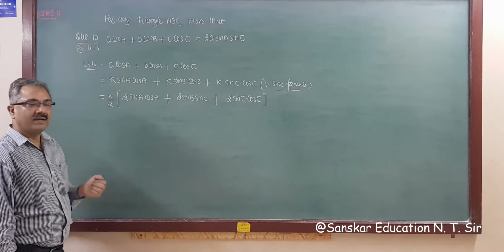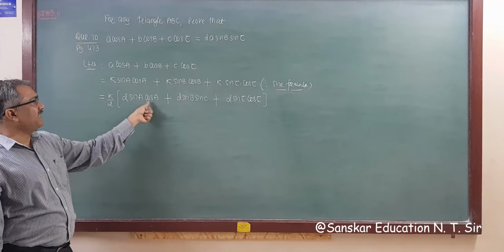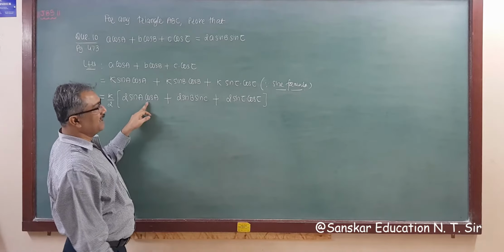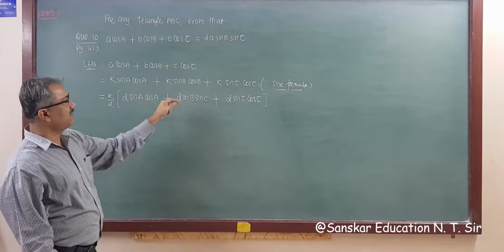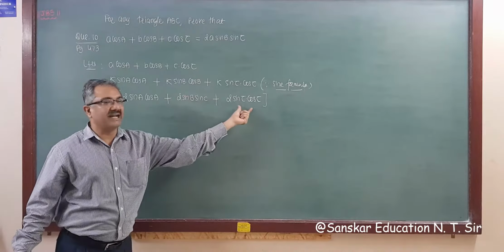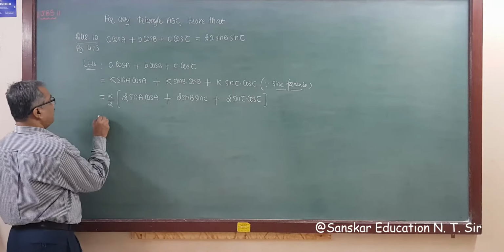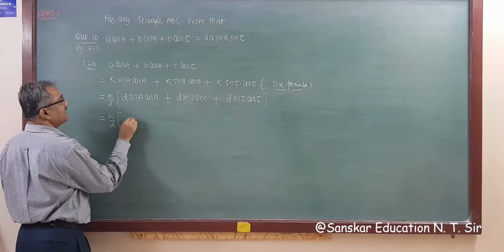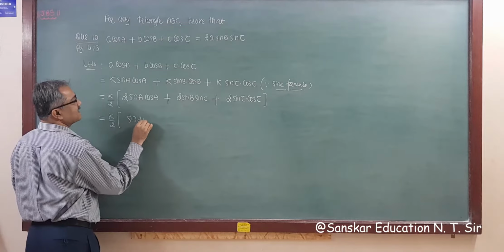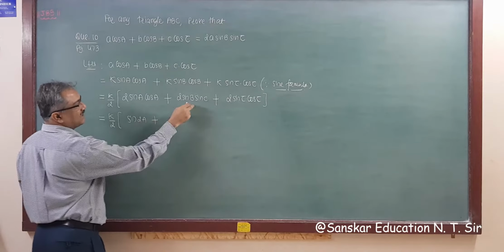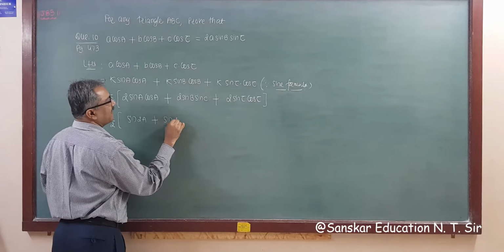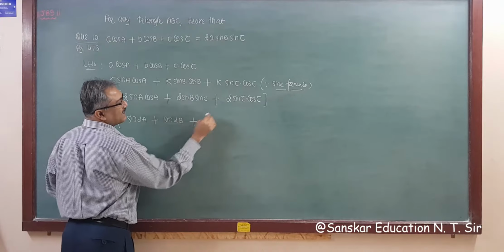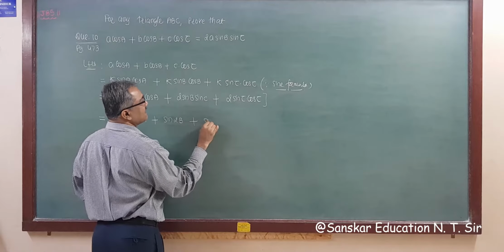Now what is this? 2 sin theta cos theta. This is your formula, sin 2 theta. So applying this formula, this is K by 2 into sin 2A plus sin 2B plus sin 2C.